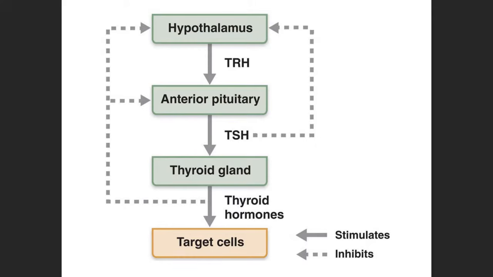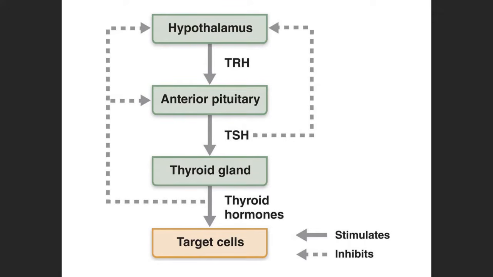And also in this particular diagram, it shows that TSH is part of a feedback mechanism as well. When TSH releases enough hormone into the circulatory system, then it attaches to receptors on the hypothalamus to switch off TRH.